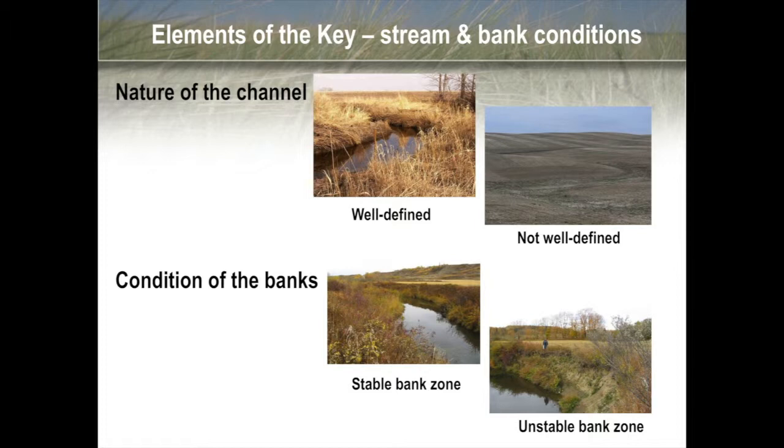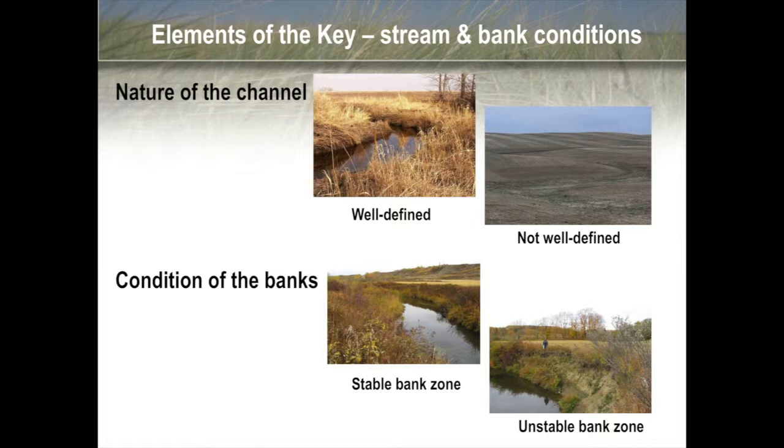If you can drive farm equipment across it, then it's not well-defined. Because sometimes you can have a well-defined stream that doesn't have water in it, but it's defined enough that you're not going to be able to drive equipment through it. So that's the first step. Are we dealing with something that's well-defined or not well-defined? And then you split off in the key to different questions, but they come back together.